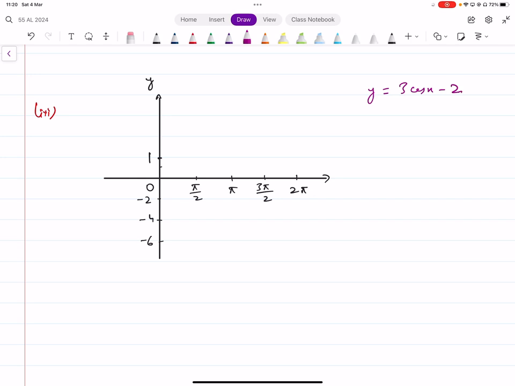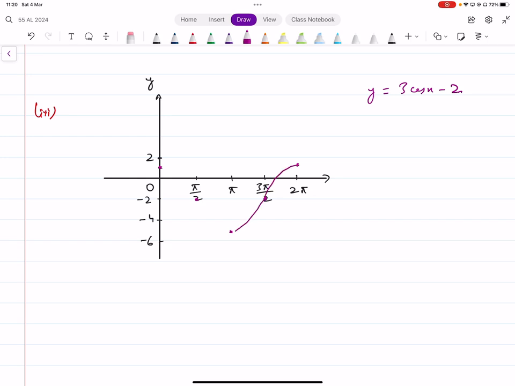This is the function. अगर आप जीरो इनपुट करते हैं क्या मिलता है? 1. So graph starts at 1. At pi over 2, you get minus 2. At pi, you get minus 5. At 3 pi over 2, you get minus 2 again. And then at 2 pi, you get 1. Then you just draw the cos graph through these points.